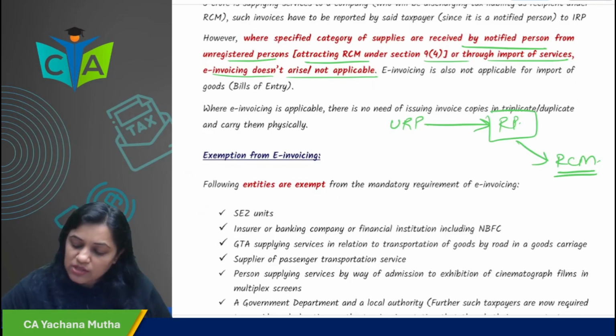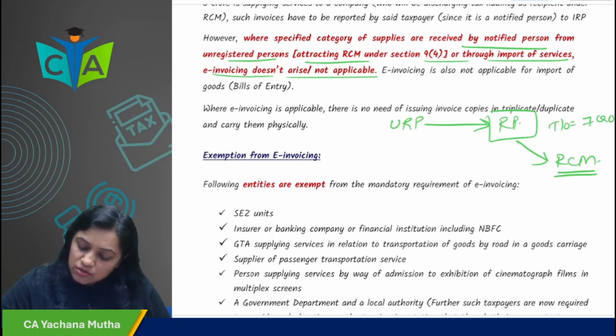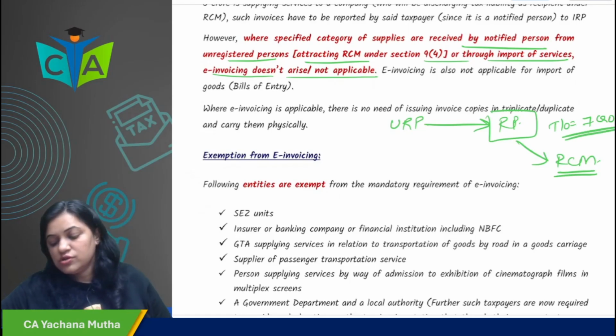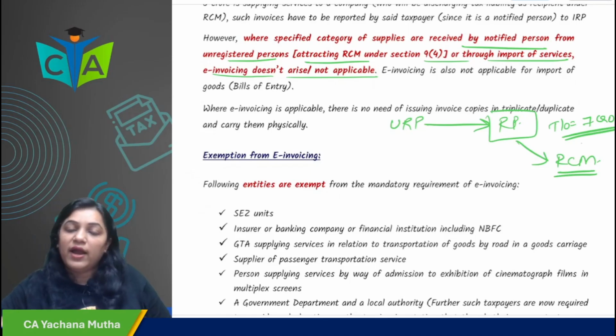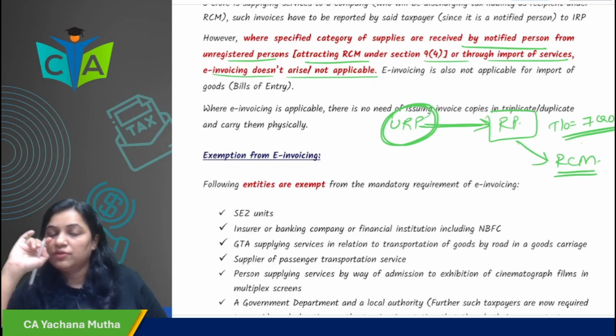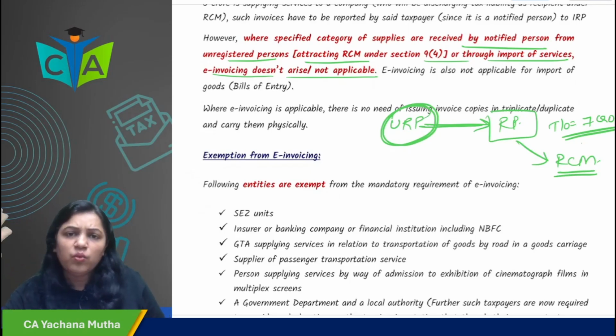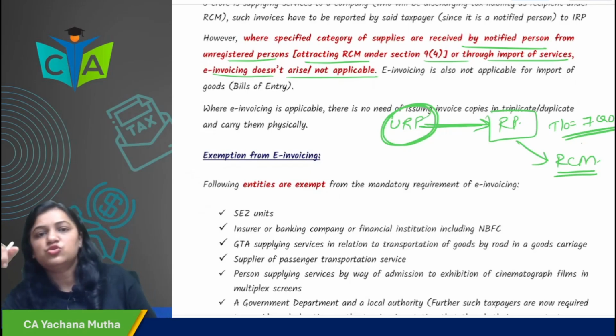Okay. So on this you are required to pay tax. For example, your turnover is 7 crores. In this case, you are not required to issue an e-invoice for the things which you are purchasing from the unregistered person. Why? Because it is your inward supply. On your outward supply, you will issue the e-invoice.